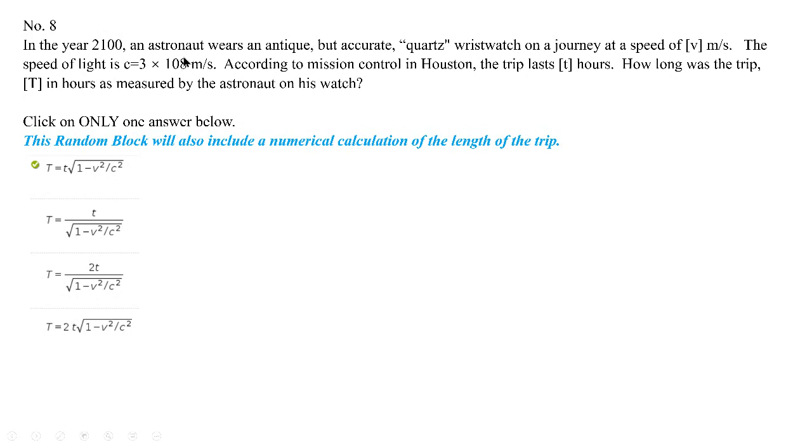It's 10 to the 8th meters per second. According to mission control in Houston, the trip lasts so many hours, let's say 10 or 12 hours, whatever. How long was the trip in hours as measured by the astronaut on his watch?